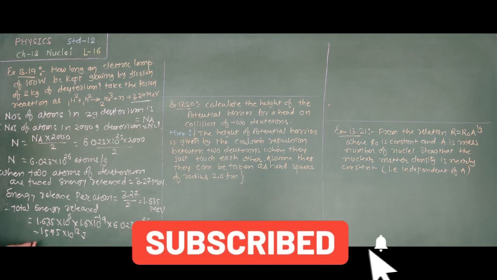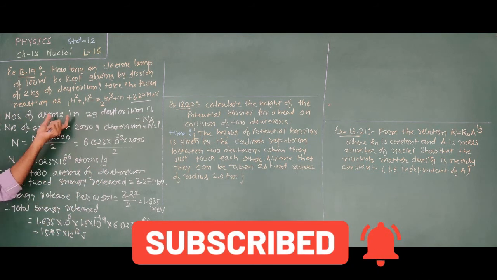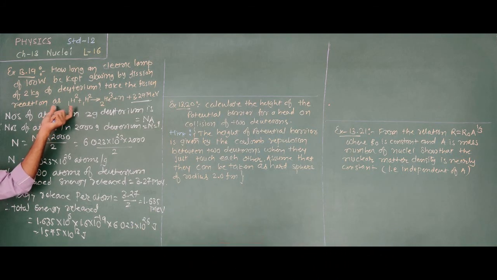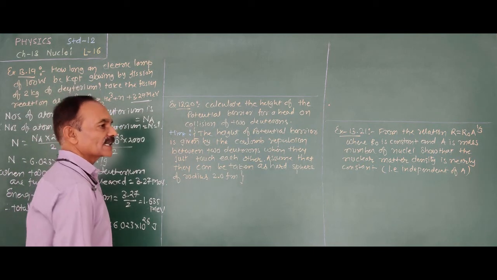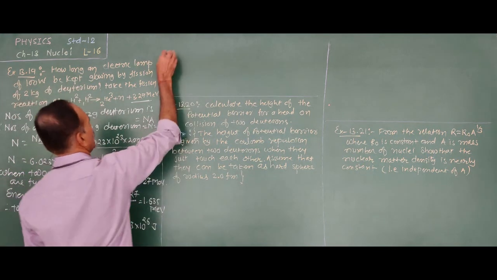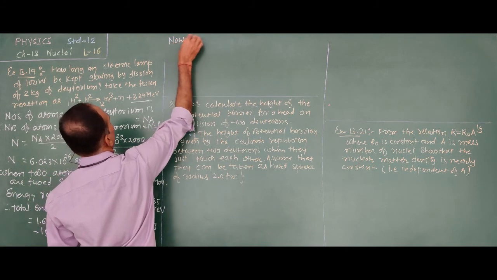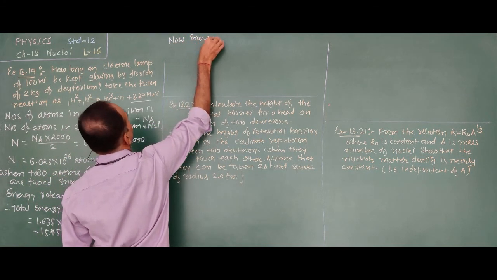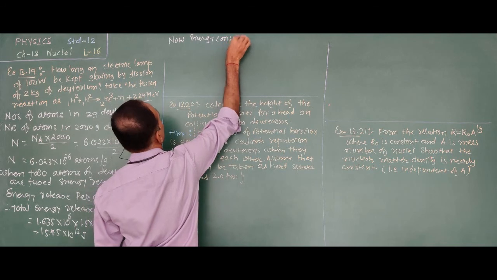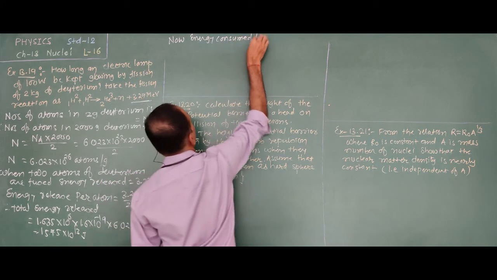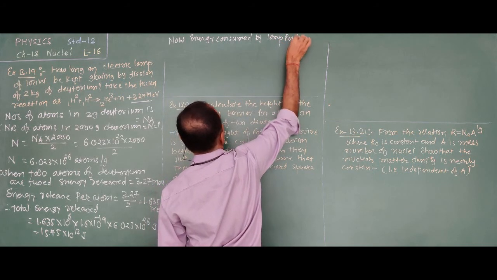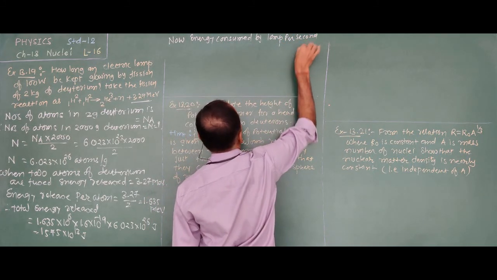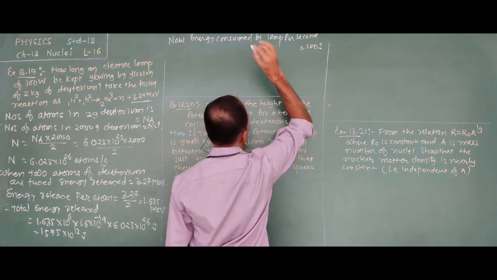Now, how long the bulb of 100 watt will glow? For that purpose, the total energy consumed by the lamp. Now, energy consumed by the lamp per second is equal to 100 joule.